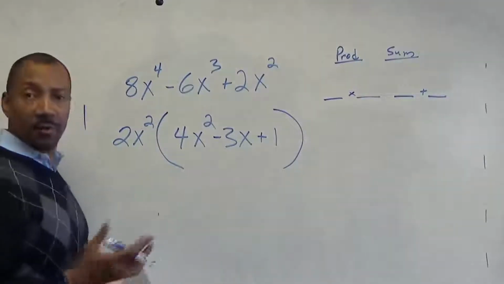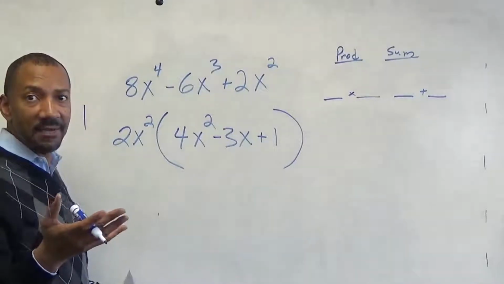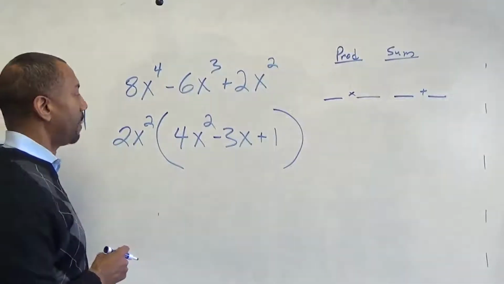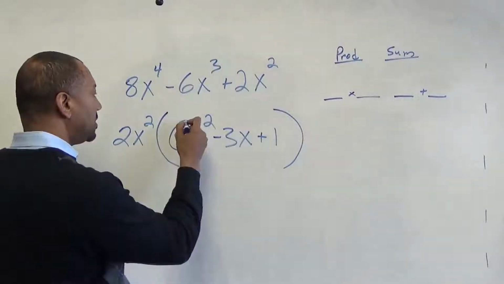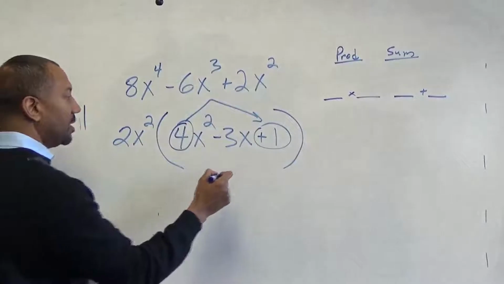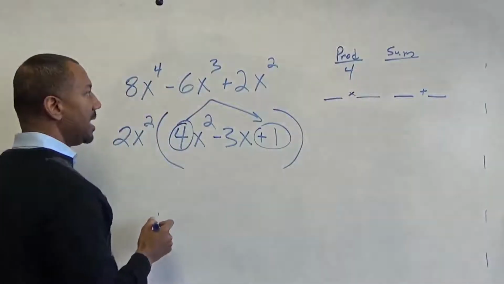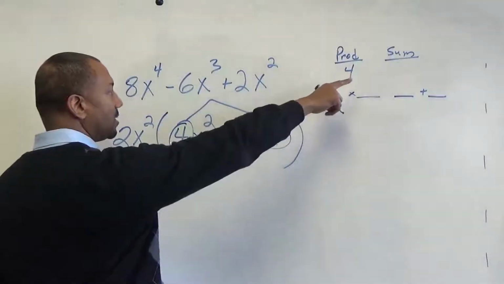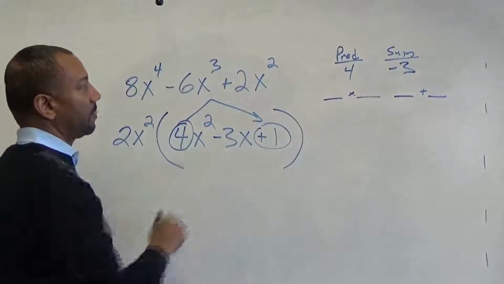So we notice we have 3 terms, so you know I'm going to do product sum, so let's just get on with it. Let's take this coefficient and multiply it by the 1 here at the end, and that gives me 4 under product. And under sum, I'll go ahead and put down the negative 3 from here.